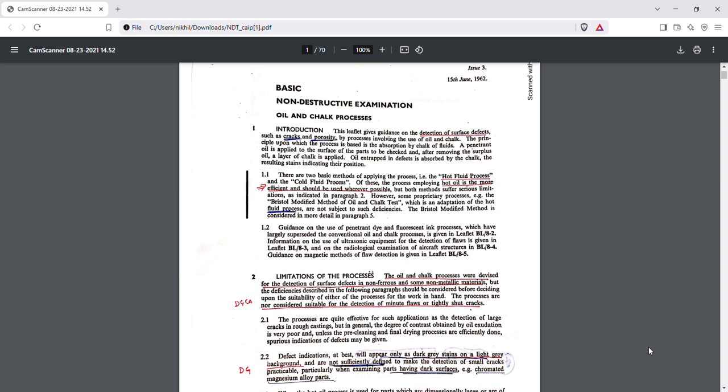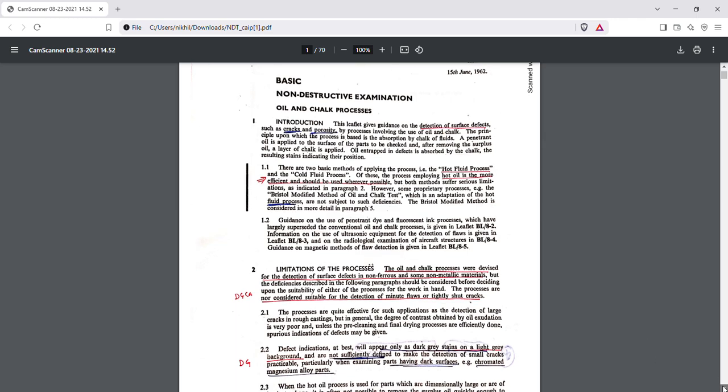Guidance on the magnetic method of flaw detection is given in leaflet BL 8-5. Limitations of the process, which question is related to DGCA. So now we came to that topic.